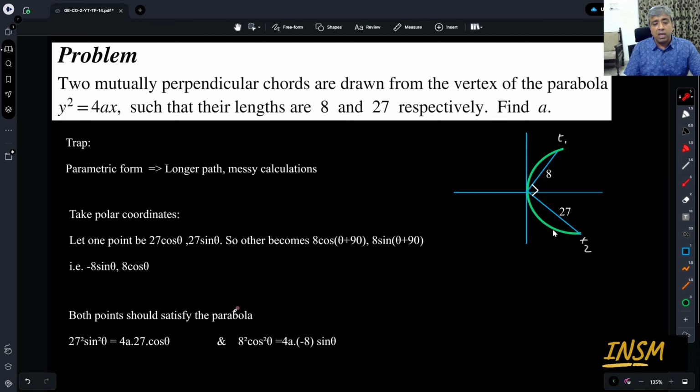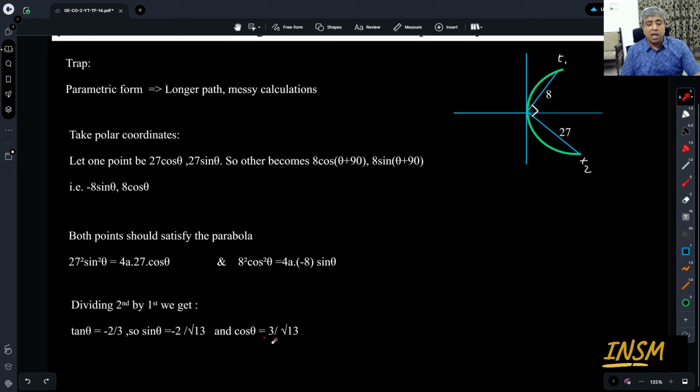From this tan theta, we find the values of sin theta and cos theta, and substitute these values in either of the equations. Now we put the value of sin theta and cos theta in this equation, and we get 8 cos square theta, which would be 9 by 13, equals 4a.